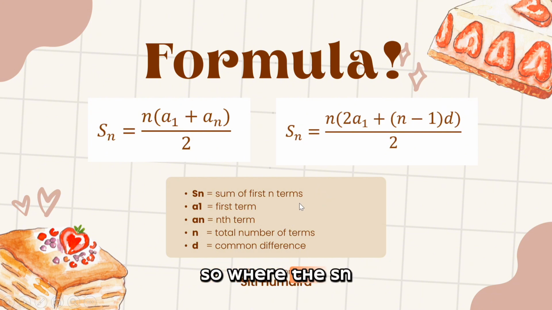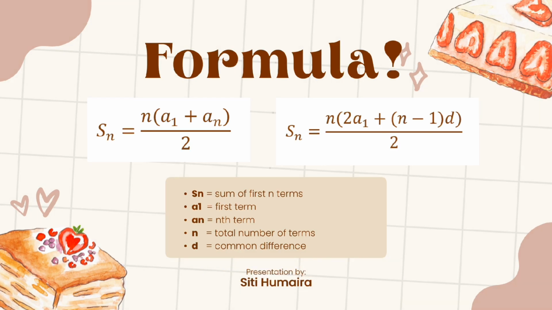So where the information Sn is the sum of the first n terms, a1 is the first number, same as before, and an is the nth term, d is the common difference, and n is the total number of terms.